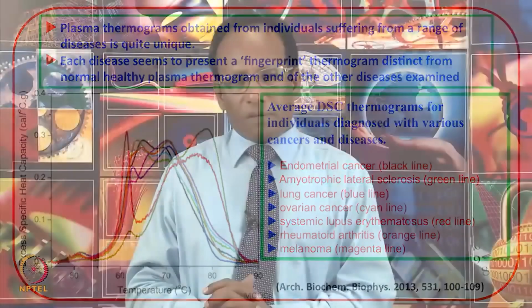Now, let us discuss the other type of thermograms which we can obtain from differential scanning calorimetry and what to interpret from that. In general, what we have discussed so far is on the reversible thermal unfolding of the proteins. But it is not always true that the thermal unfolding of a protein is reversible.